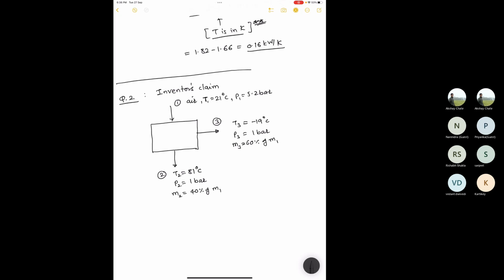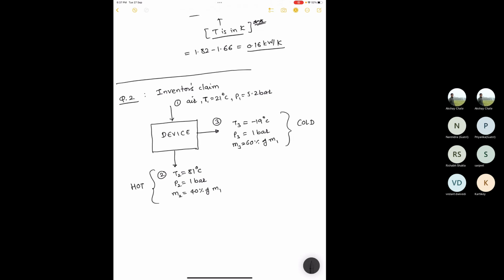So basically, the inventor is claiming that you supply air at atmospheric temperature but higher pressure, and as outlet you get one stream which is hot but at a slightly lower pressure, and the other stream is cold and at a slightly lower pressure than the inlet. This is a typical setup for these types of questions.